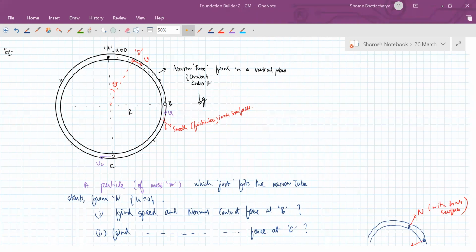Yeah, anybody got the answer? Yes, very good, Deep. Your answer for B point is correct. For C, your V is correct, but normal reaction you have to check once more. You might have made a mistake in calculation. Just check. Or you might have taken the direction of centripetal acceleration wrong. Just check. So you got 3 of the 4 things correct.